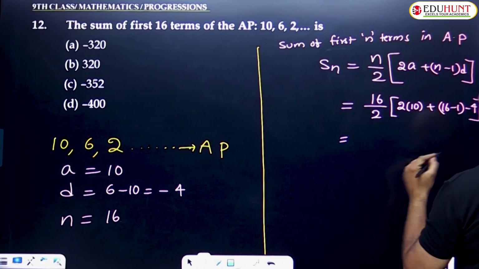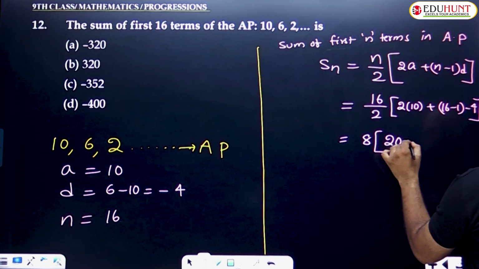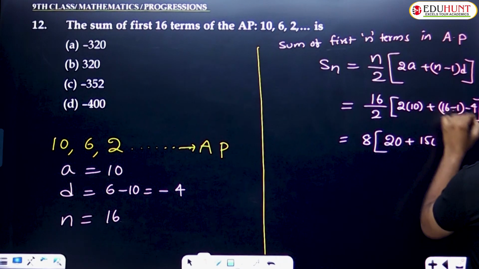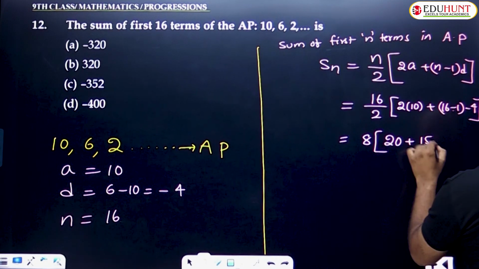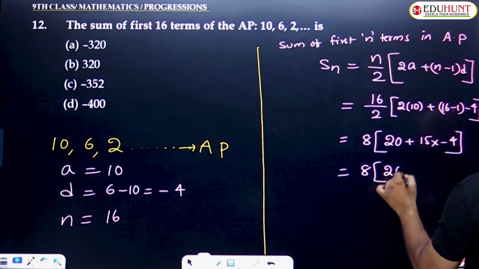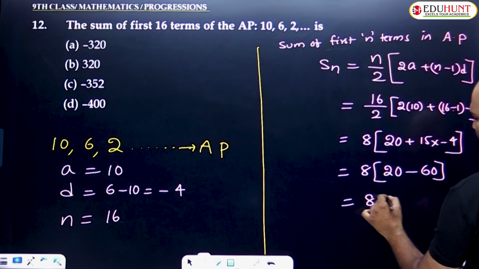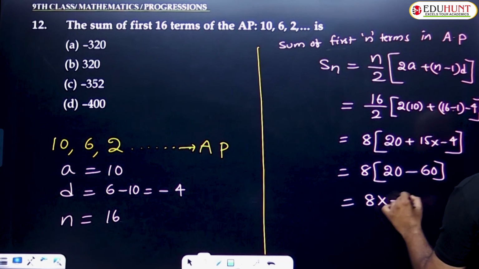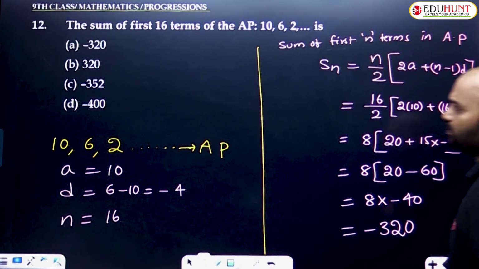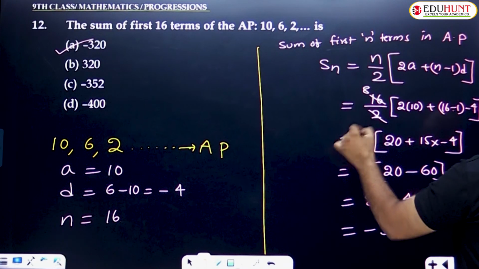Am I clear? 16 by 2 is 8. So 8 into 2 into 10, 20, plus 15 into minus 4, which is minus 60. So 8 into 20 minus 60 is 8 into minus 40, which is minus 320. The negative value is the required answer. Option A is the right answer. Am I clear? So next one.